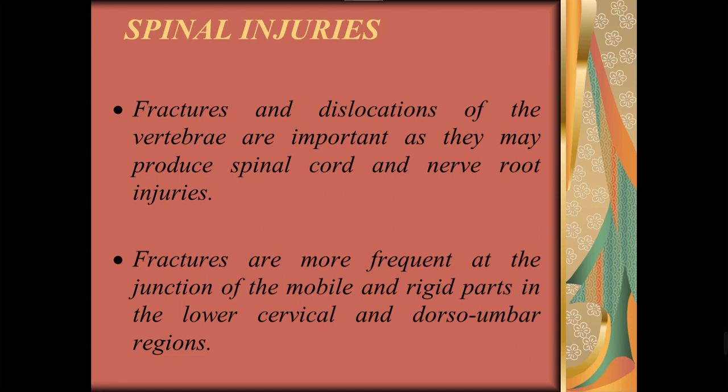They are moving normally, but there will be paraplegia of both lower limbs. Then, if the injury is at a lower level, for example at the cauda equina, like L2, L3, L4, then there will be paraparesis, not total paralysis. Fractures are more frequent at the junction of the mobile and rigid parts in the lower cervical and dorsolumbar region, as I told you.